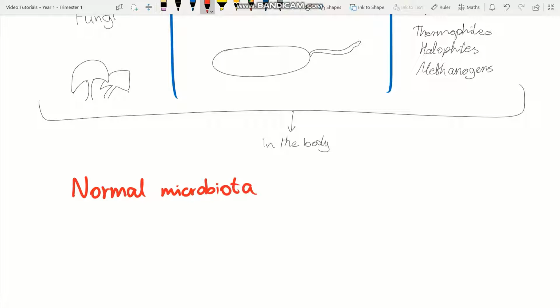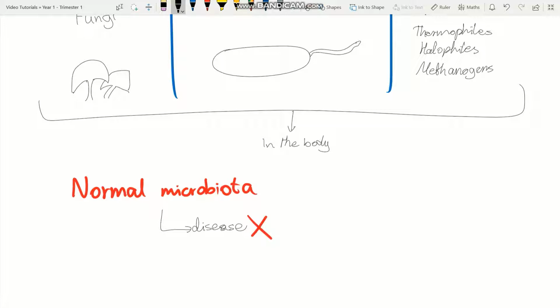They're important not only in disease, but in the environment, in industry and agriculture. Normal microbiota are a population of microorganisms that essentially infect the body but don't cause any disease. So there's no disease.